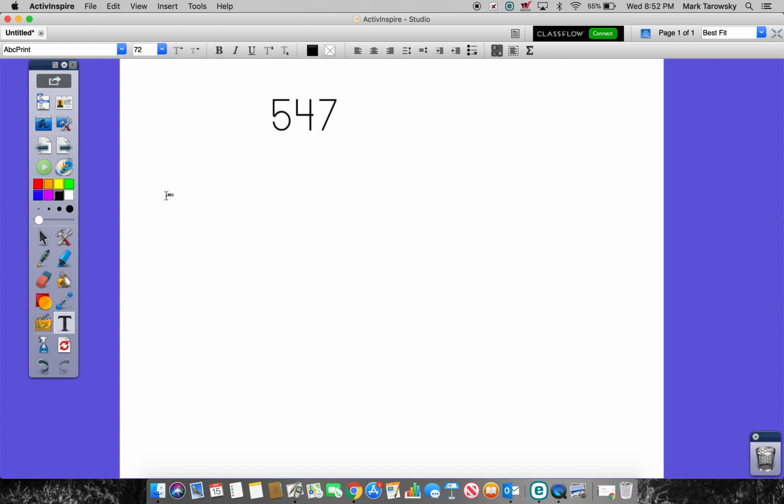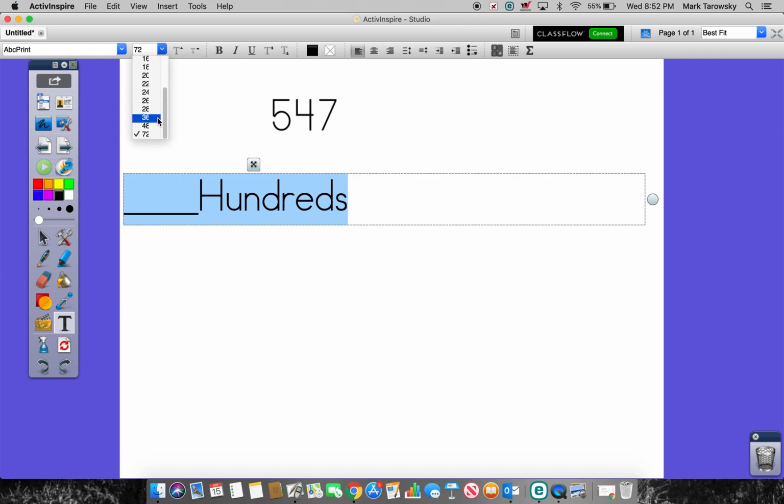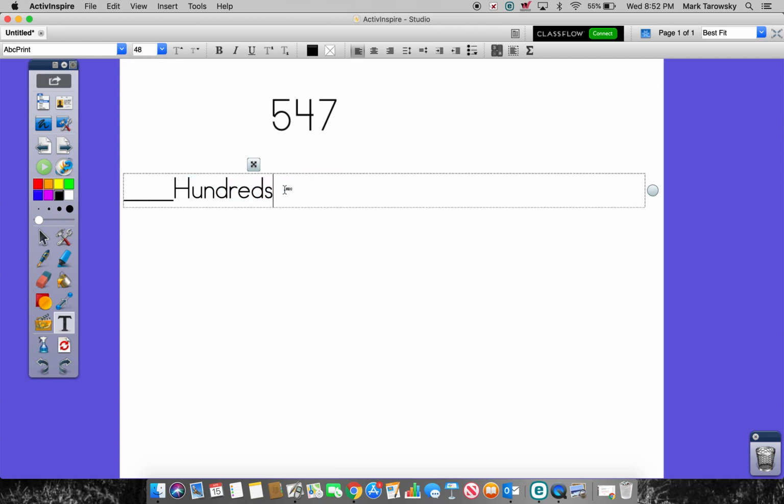Sometimes you are going to see expanded form written like this, where you're going to have a blank hundreds, blank tens, and blank ones. So now we are thinking about how many hundreds do we have, how many tens do we have, and how many ones.